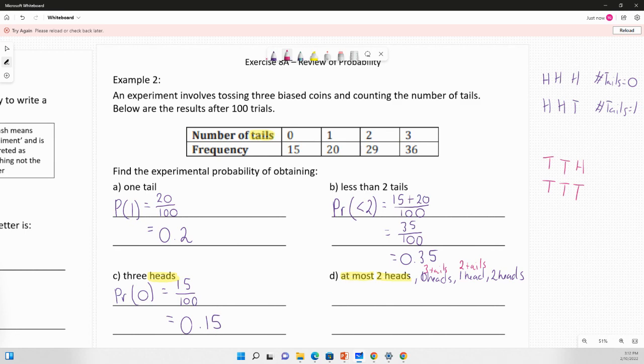And 2 heads means there's 1 tail. So this one is going to be equal to the probability of getting 3 tails plus the probability of 2 tails plus the probability of 1 tail.